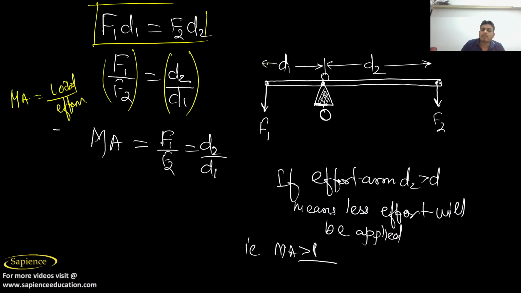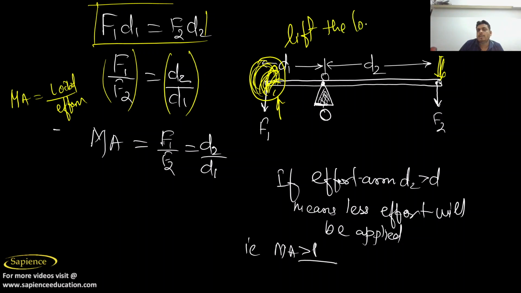If an object is put here, this is your load, and you are applying a force or effort to lift this load with the help of a lever, and this is your pivot point.